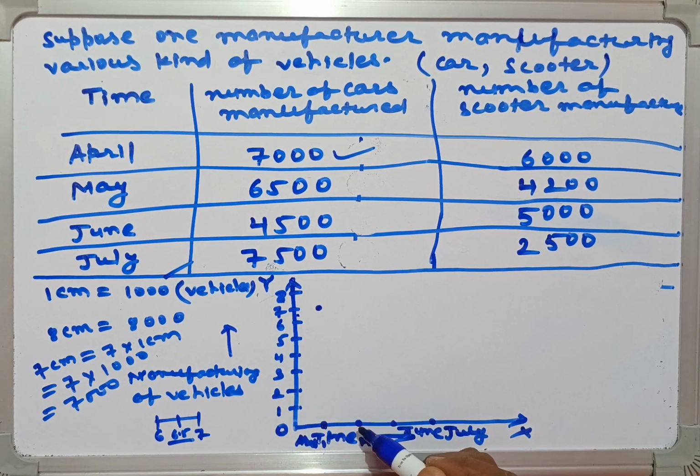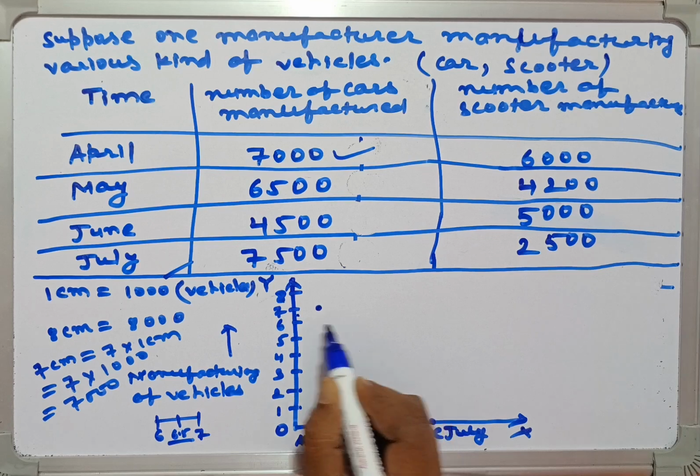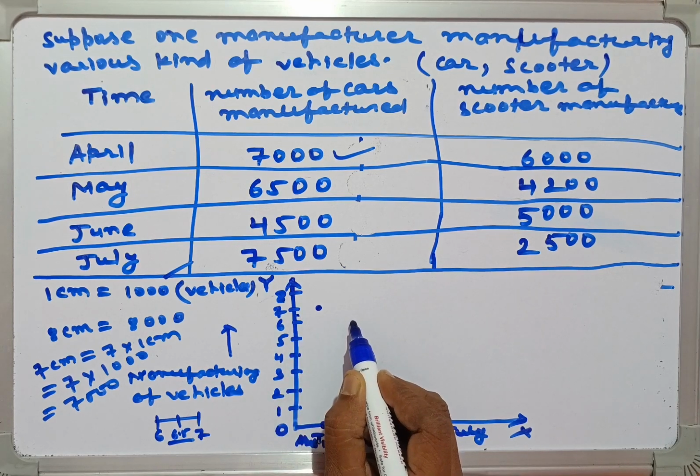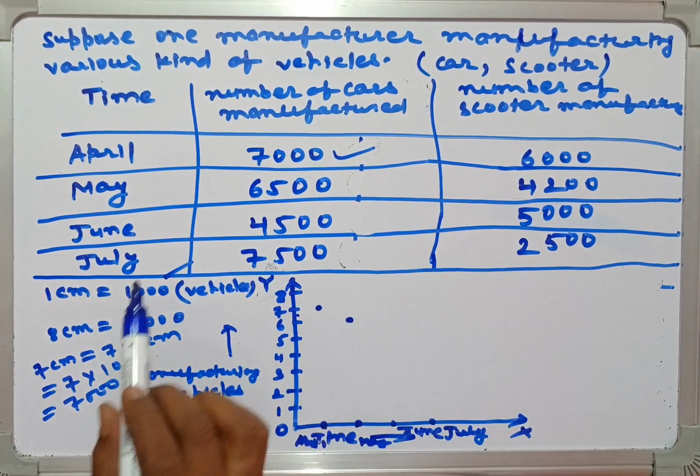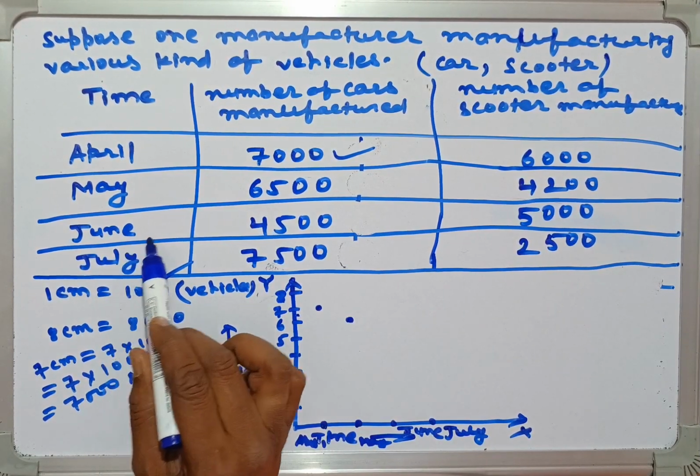Okay guys, so we are in month of May. Okay guys, we go up in direction here, so the point will come here. Okay, next data is for June.